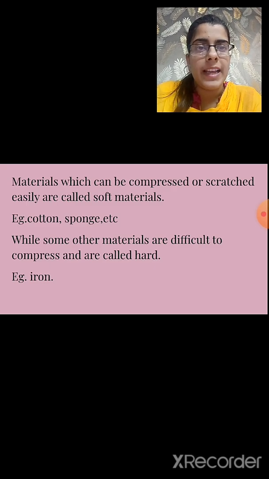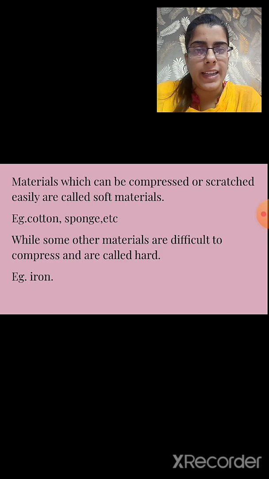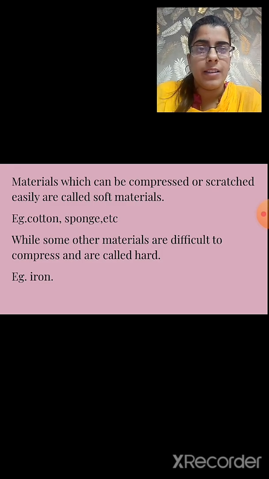So, the materials that can be compressed or scratched easily are called soft materials. For example, cotton, sponge, etc. are soft. We can compress them easily with our hands, isn't it? Now, on the other hand, some other materials are difficult to compress; we can't compress them. So, they are hard materials. For example, iron, rock.